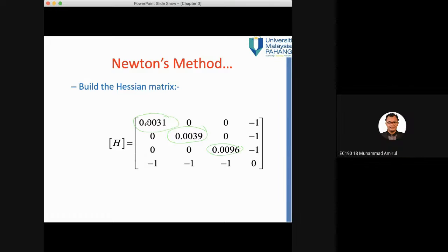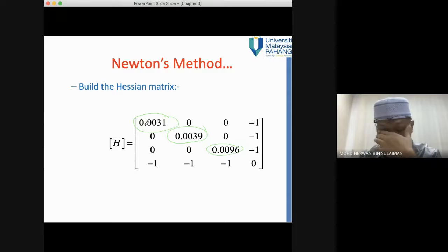Ya doktor. So since you punya kalkulator 3 kali 3, so you boleh guna MATLAB ataupun you boleh guna Excel lah. Kan? So ni 4 kali 4.